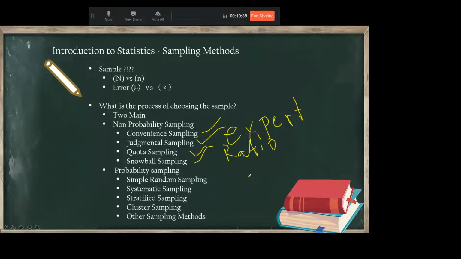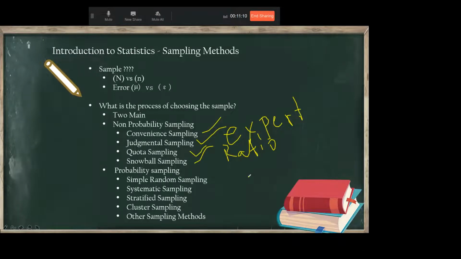I gave the example of a classroom with 6 or 7 students in a row. I didn't decide based on my preference; I have to create an interval, which is capital N divided by small n. Based on that interval, I take that position in the class, and that position will be taken. Any random outcome can be there.